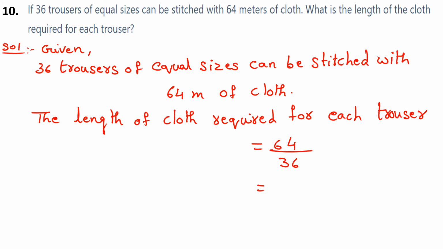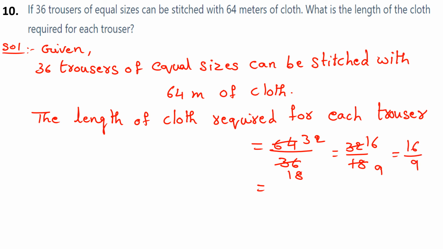If we cancel by 2, 2 ones are 2, 2 eights are 16, and 2 threes are 6, 2 twos are 4. So 32 by 18, again we cancel by 2 only, right? So that is 2 nines are 18 and 2 16s are 32. So that equals 16 by 9.